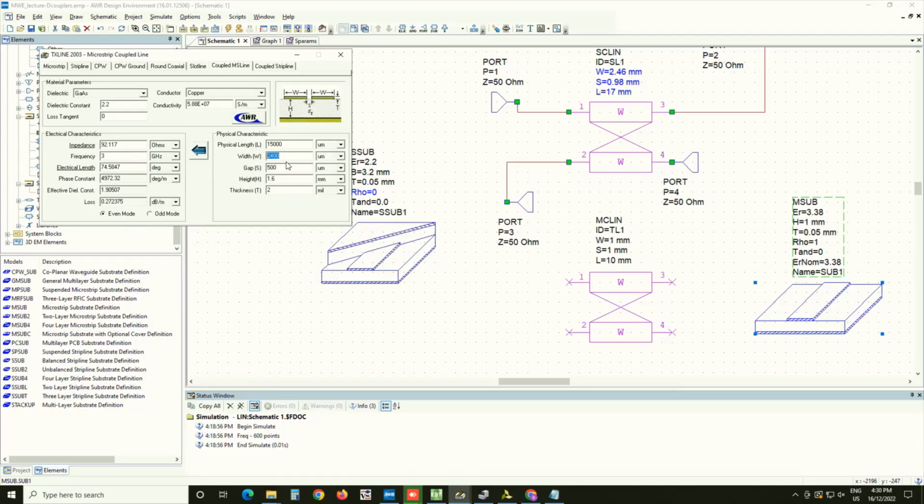What is the odd mode impedance? Okay, that's in a reasonable place. So I need to lower that as well. Let's see. So we need 55.